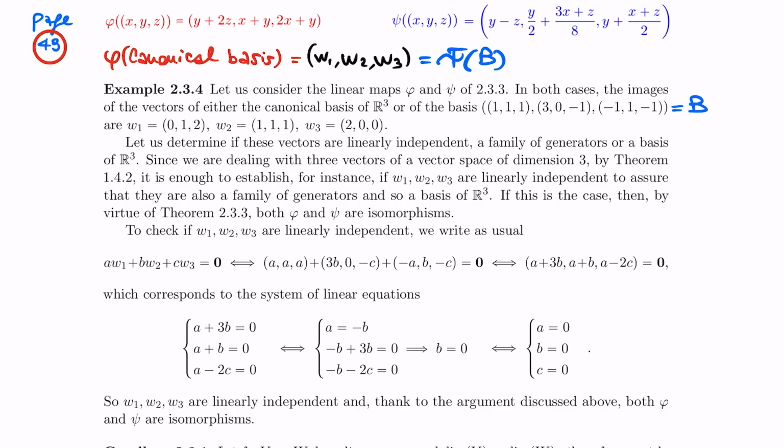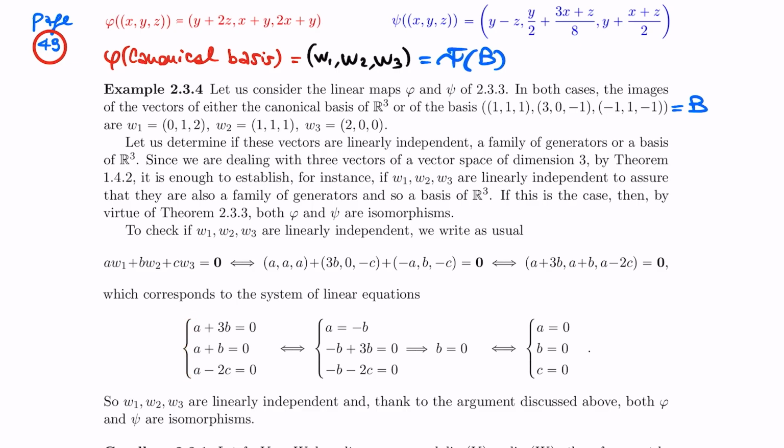So let's check, for example, if the three vectors w1, w2, w3 are linearly independent. As usual, we know that we must write the generic linear combination of them and set it to the zero vector. We obtain, by performing the computations, this vector equation here that corresponds to this system of linear equations.